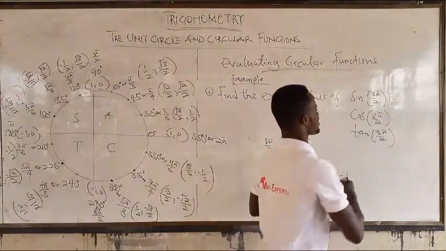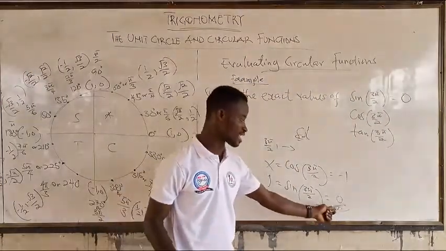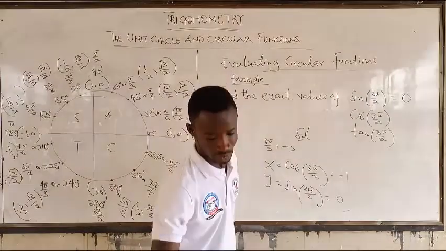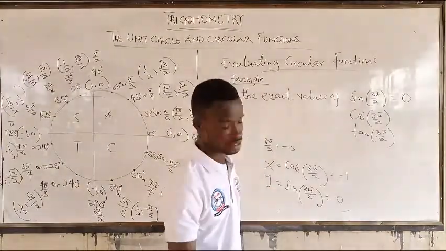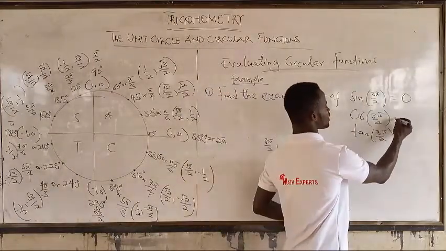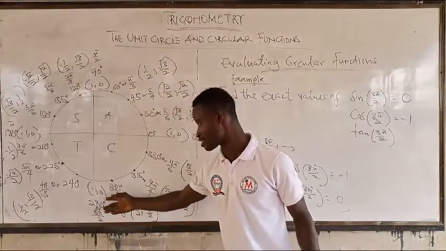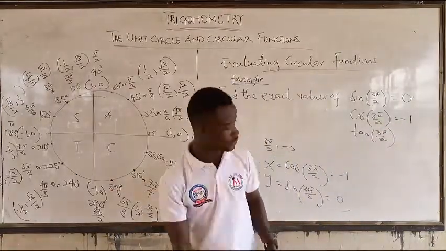It is 0, because the sine represents the y-axis, and that is 0. And for the cos, that is going to be -1 because it intersects on the x-axis at -1.